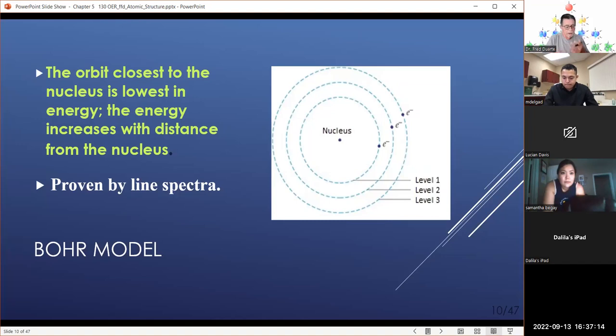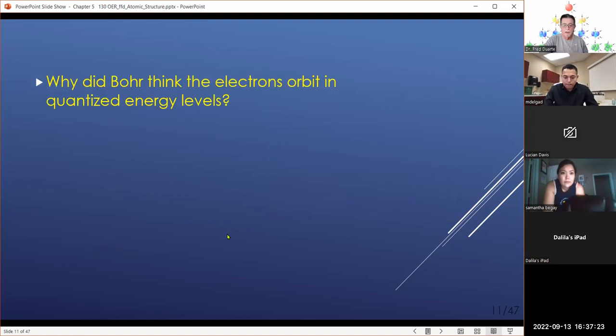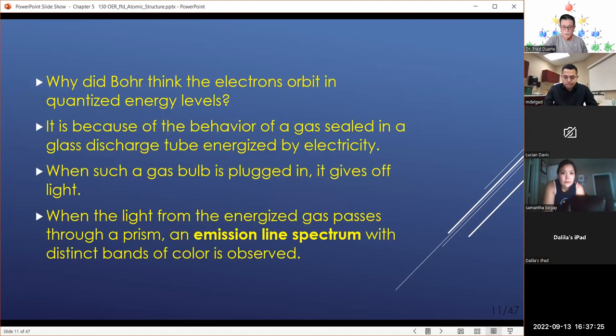Now, how did this come about? This came about because of what we call a line spectrum. What happened was this: an element was placed in a tube.